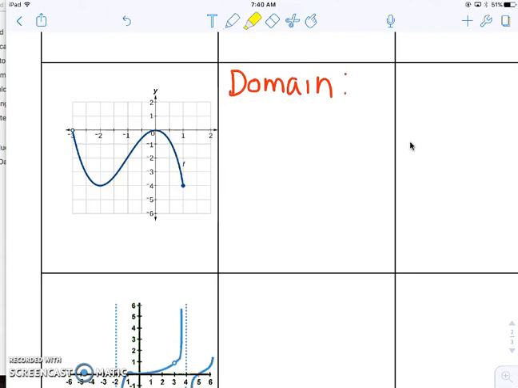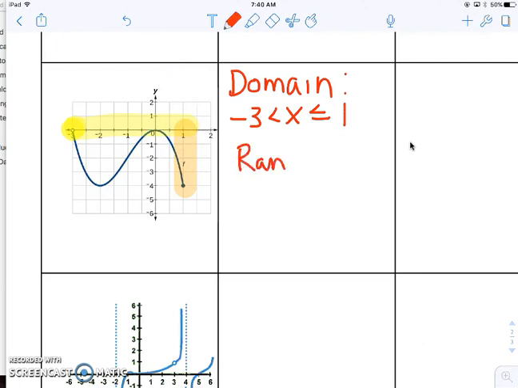So you are going this way, starting here. It's -3 at the start, and the last value is 1. So you would say -3 is less than x is less than or equal to 1 because of that closed-in circle. And then our range, going from low to high, we'd start at -4 and we go up to 0.